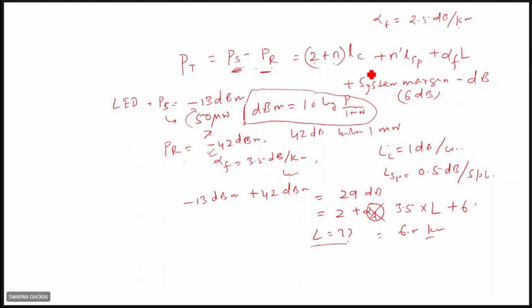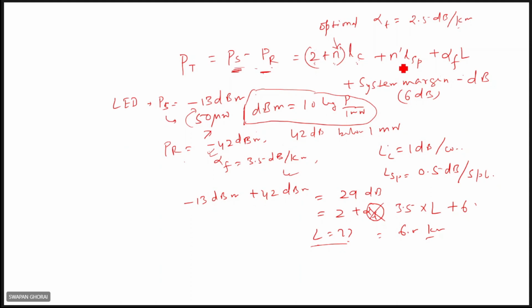And what are the different losses? This is LC, the connector loss. Now the question is, what is 2 plus N? The 2 is one connector at the source side and another at the detector side, so twice LC must be there, but there can be some optional LC also. If in the problem there are no extra connectors, twice LC you must write.